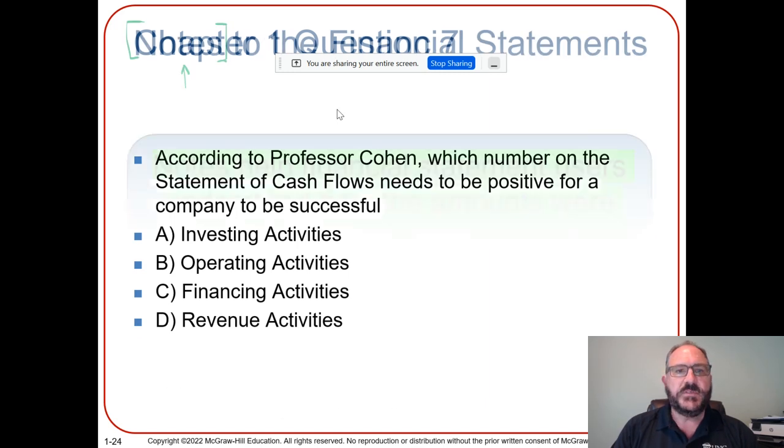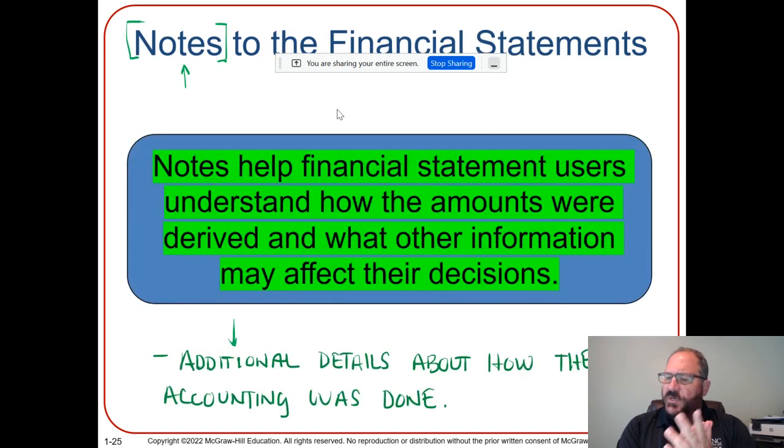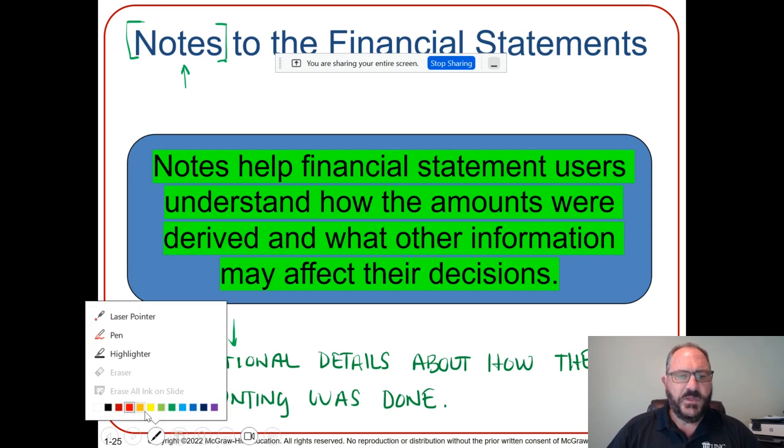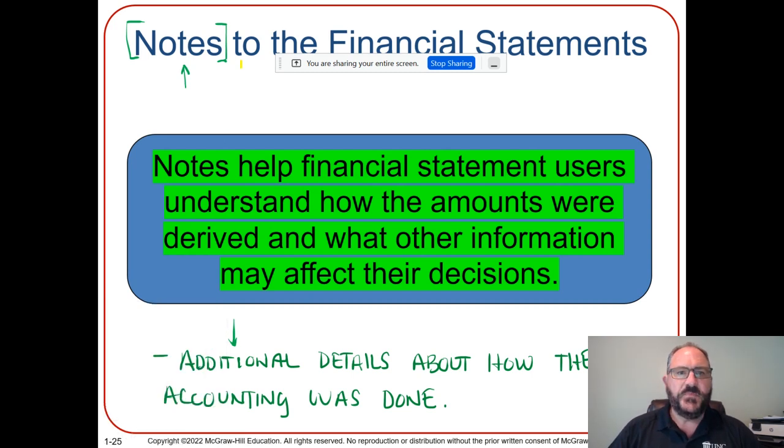All right, folks. So the next thing we're going to talk about, if you take a look up here, is this idea of notes. Notes to the financial statement. When they say notes to the financial statement, what they mean is that at the end of the financial statement, they go through and talk about how they do their accounting.